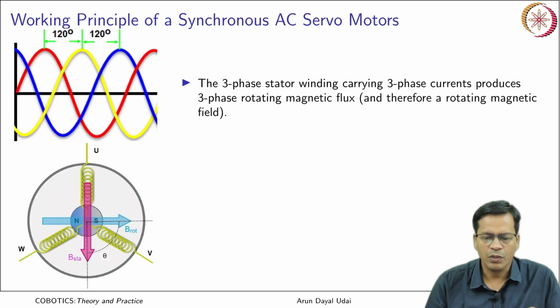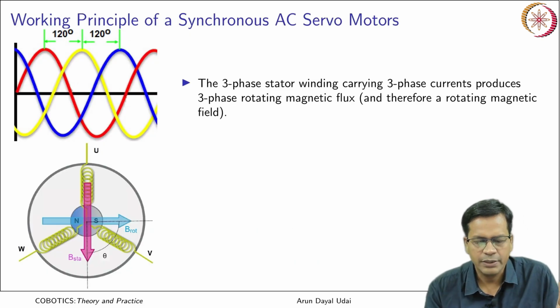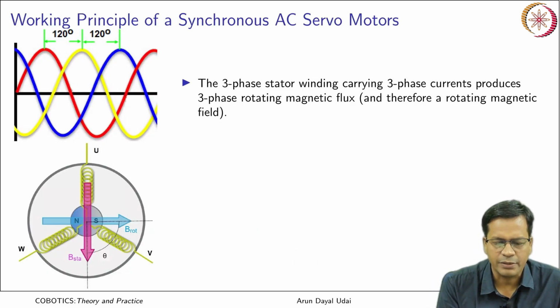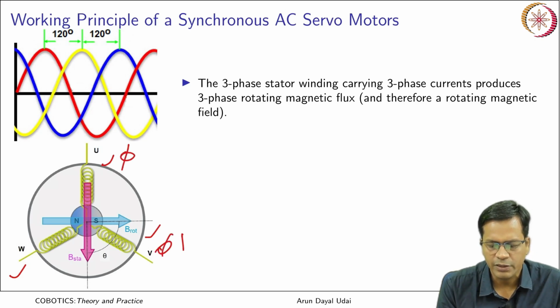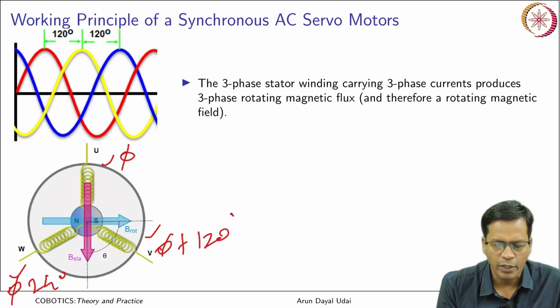So now let us see how it works. Three phase is directly supplied to the stator coils. If three phase is supplied to this, if this has a phase of psi, this has phase psi plus 120, and this has phase psi plus 240.